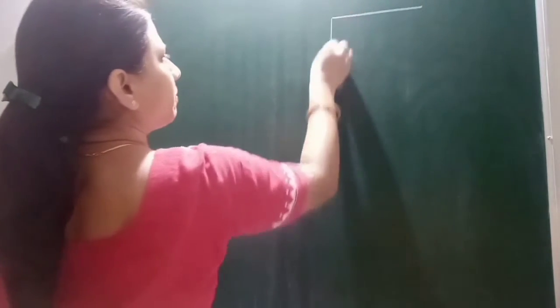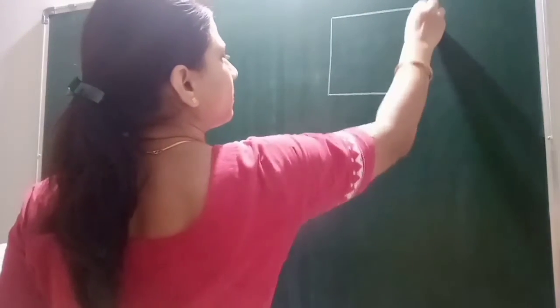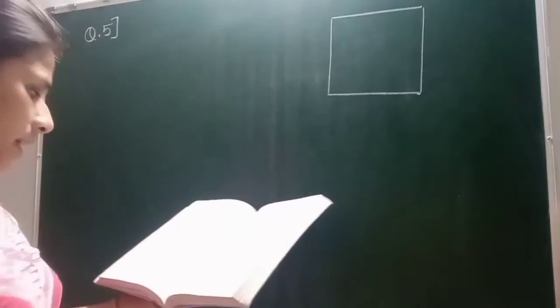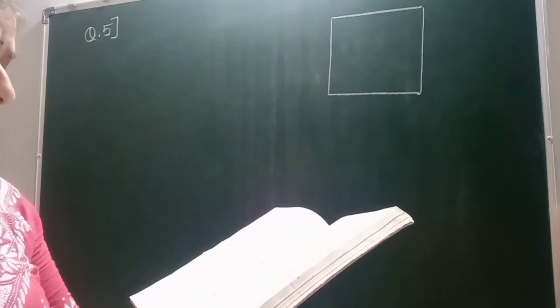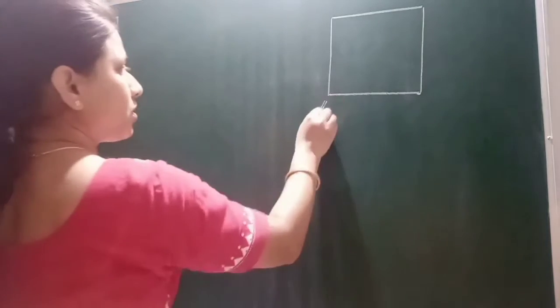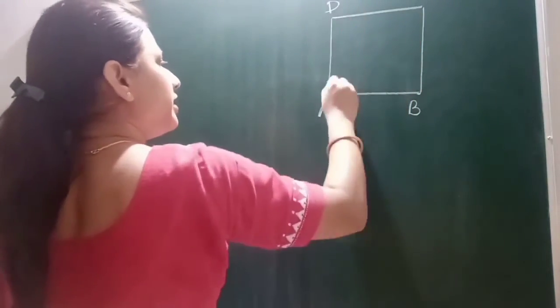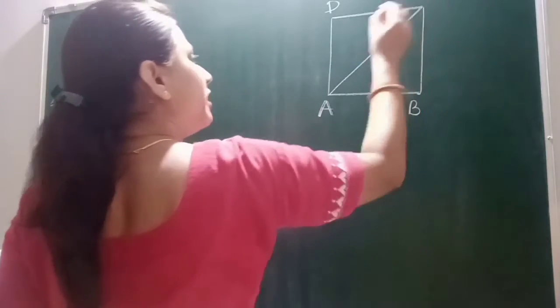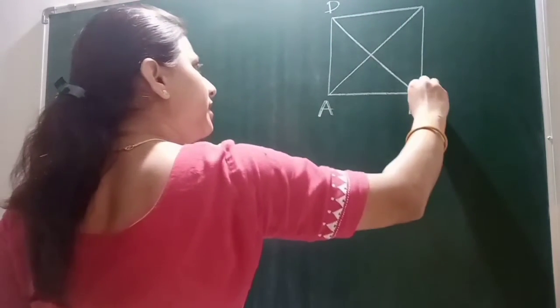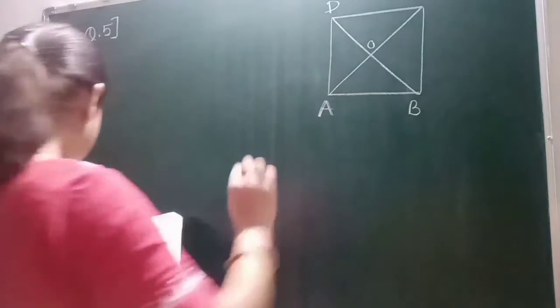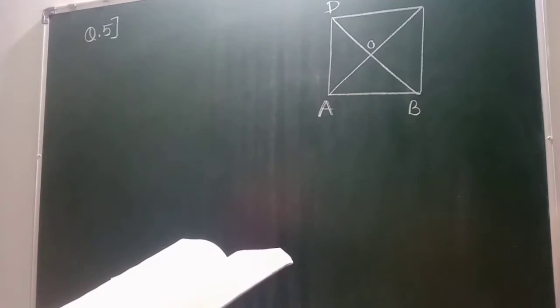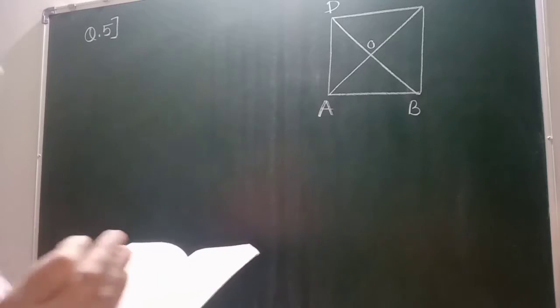Okay, student. So first, obviously we have to prove that the quadrilateral is a square, so we will make a square. Okay, then diagonals are equal and bisect each other. Let's suppose that this one is your quadrilateral ABCD, diagonals AC and BD intersecting and bisecting each other at right angles.